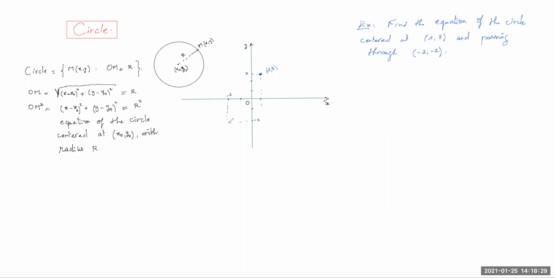So we have a center, and my point is on the circle. Let's call the center P0 and the other point P, so P has coordinates (-2, -2).